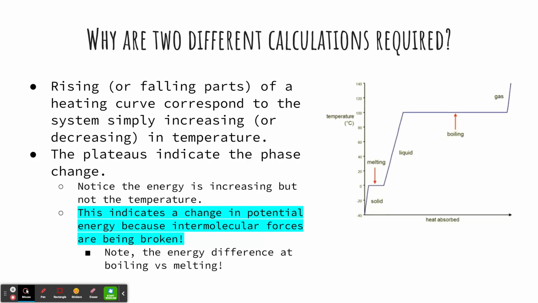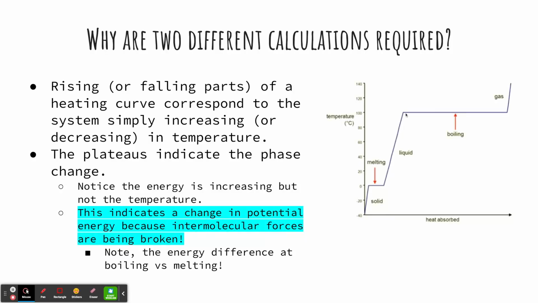So note the energy difference at the boiling point versus the melting point, right? We just went from a solid to a liquid. That's why it didn't require so much energy, because I didn't have to break many intermolecular forces there. Liquids still have their intermolecular forces. They're just a bit weaker so that the molecules can flow on top of each other.